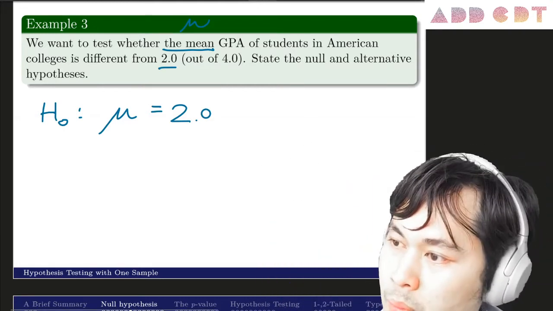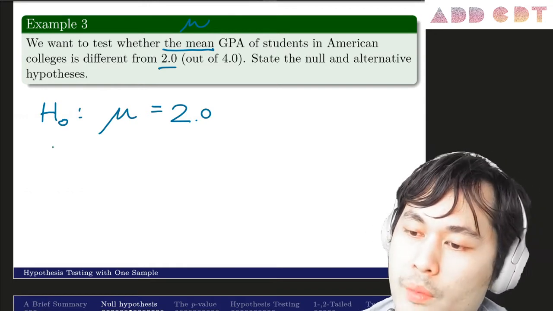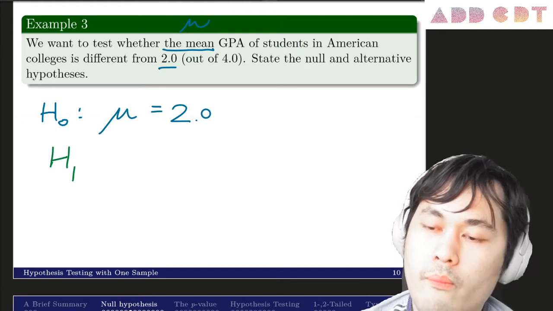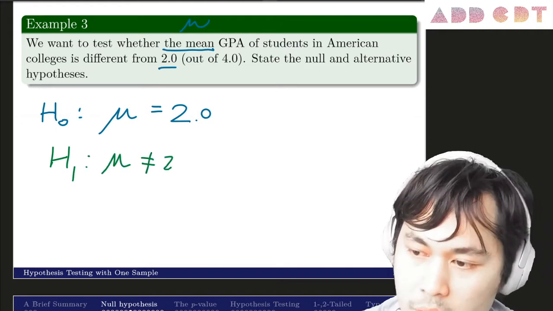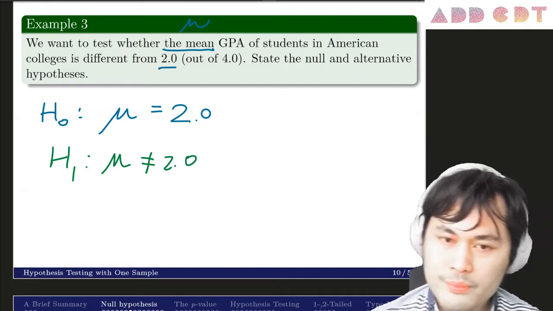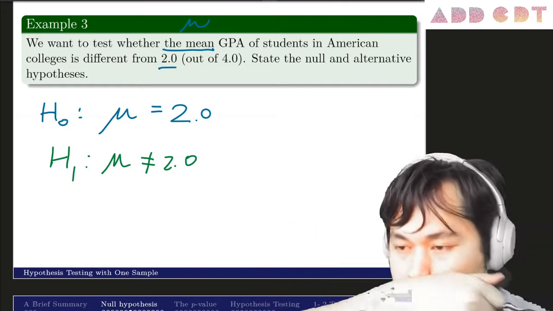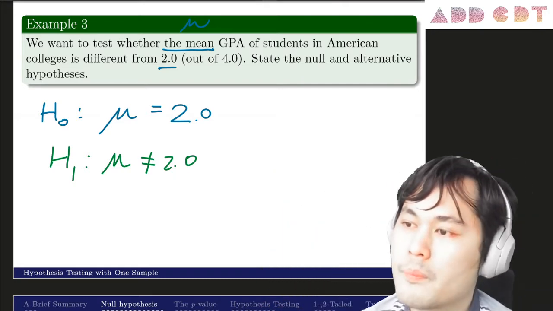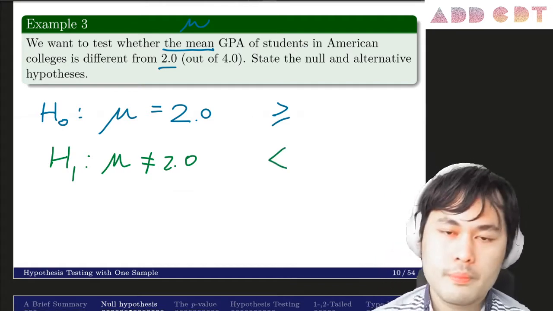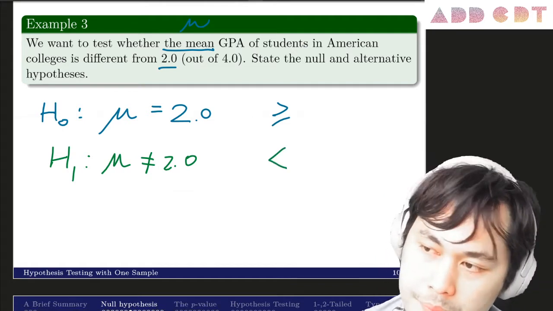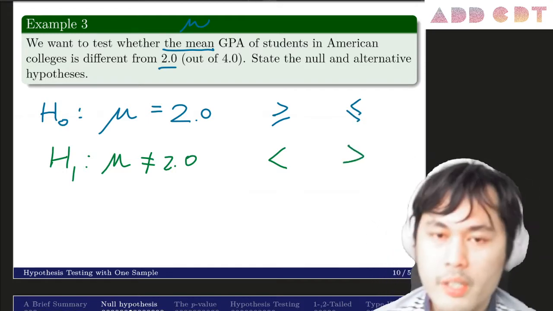So if we believe that it is exactly 2.0, then what would be the opposite? The opposite would be that it is not 2.0. So this one is different from the previous one. If we have a greater than or equal sign, the opposite would be the less than sign. If we have a less than or equal sign, the opposite of that will be the greater than sign.